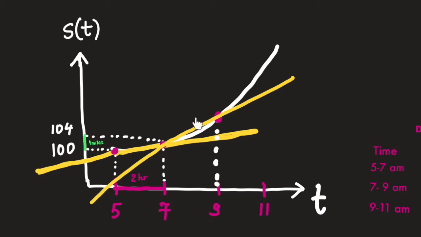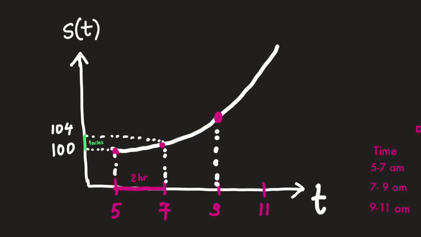Now, you see this line is steeper, it has bigger slope, so that means that between 7 and 9 a.m., you must definitely have run faster on average than between 5 and 7 a.m. Now, if the idea of slope still confuses you a bit, then let's just check that directly, and please excuse my bad drawing. Let's look here.